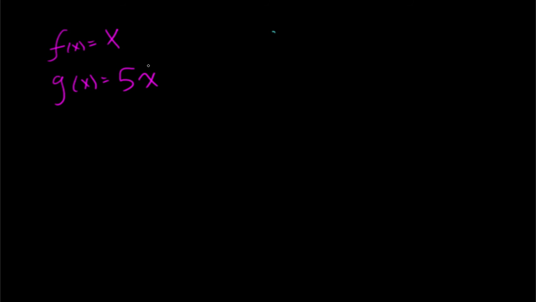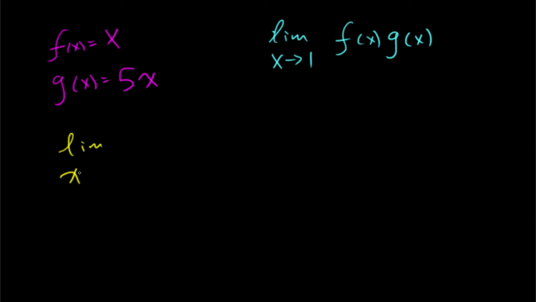Let's see, so if we want to look at the limit as x approaches 1 of f of x, g of x, we could just do the limit as x approaches 1 of f of x, and then the limit as x approaches 1 of g of x.